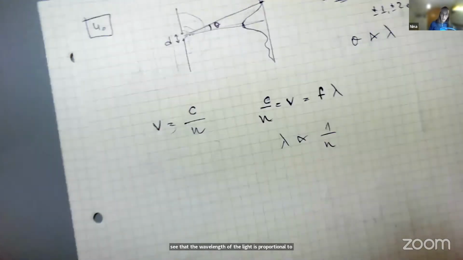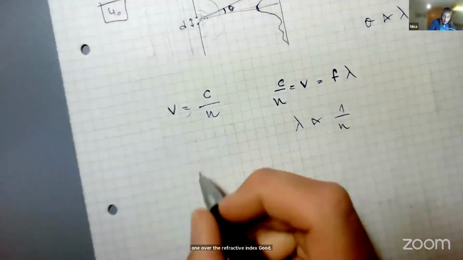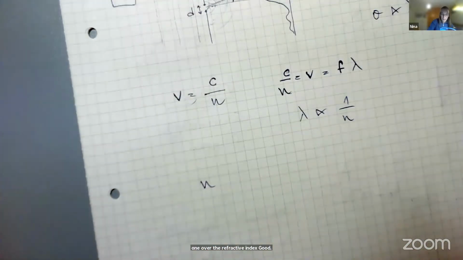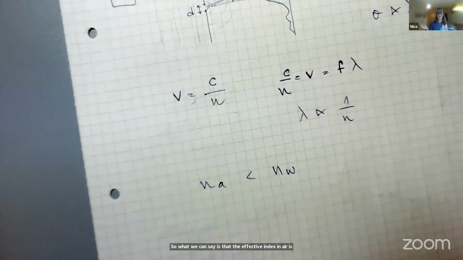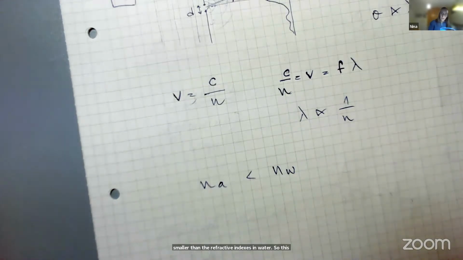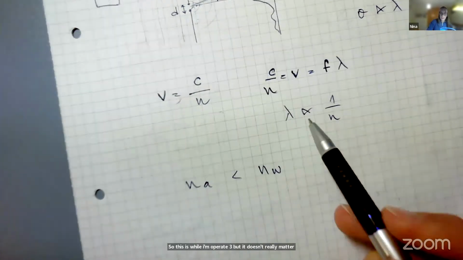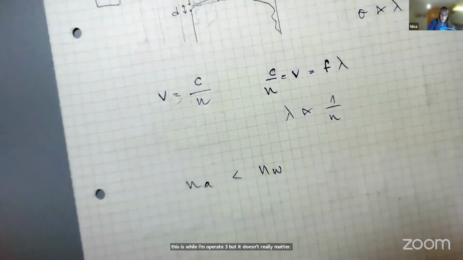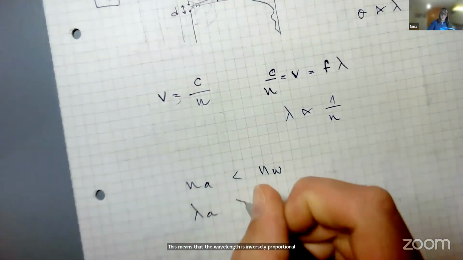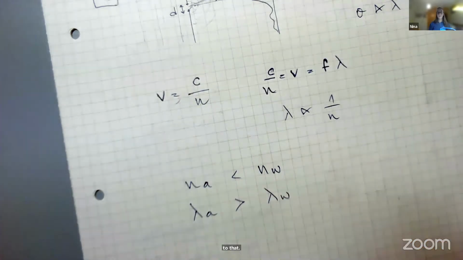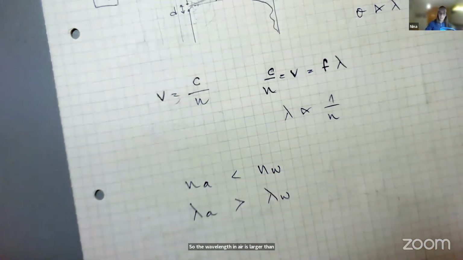Good. So what we can say is that the refractive index in air is smaller than the refractive index in water. So this is 1 and 1.3, but it doesn't really matter. This means that the wavelength is inversely proportional to that. So the wavelength in air is larger than the wavelength in water. It gets stretched out.